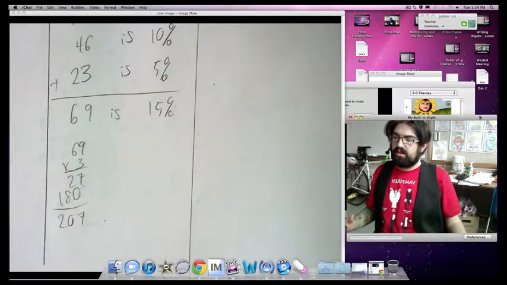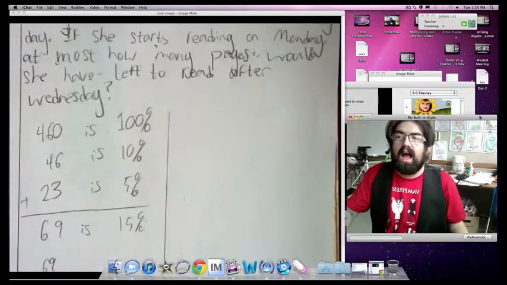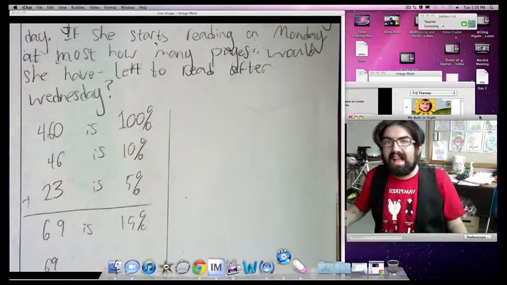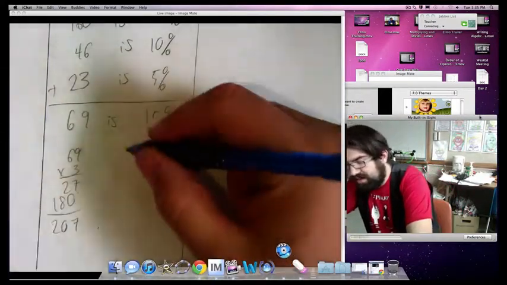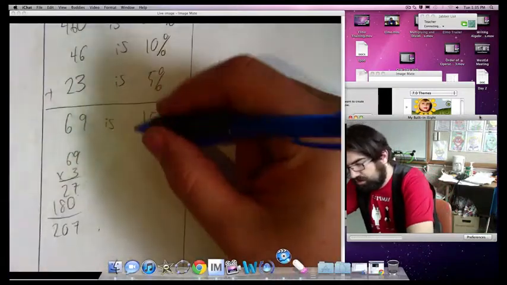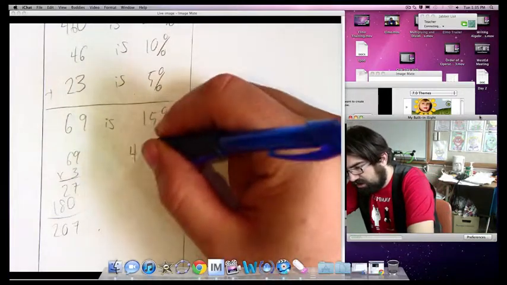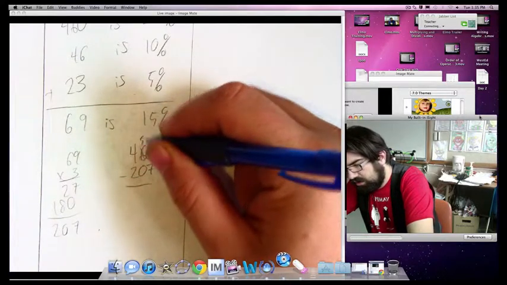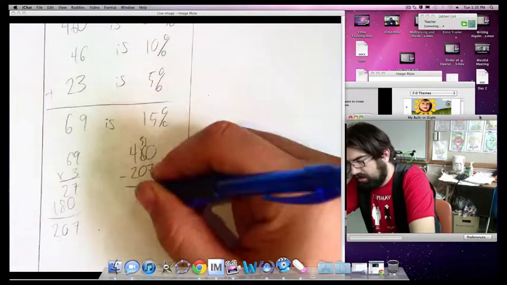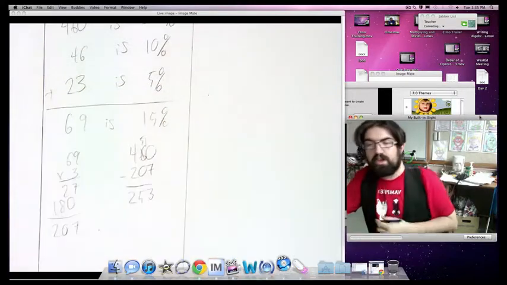What's it asking? How many would she have left to read? Oh, so we got to do a little more. As far as having left to read, well, it starts at 460. I've already read 207. 10 minus 7 is 3, 5, 2.